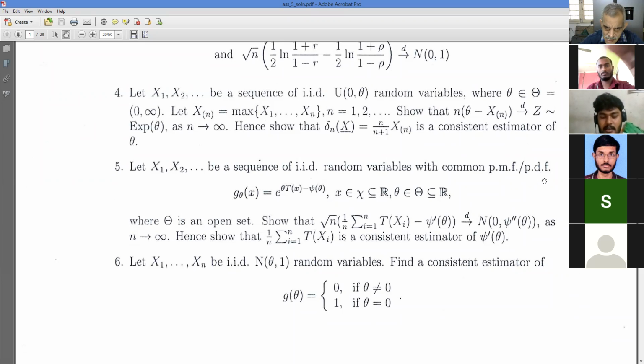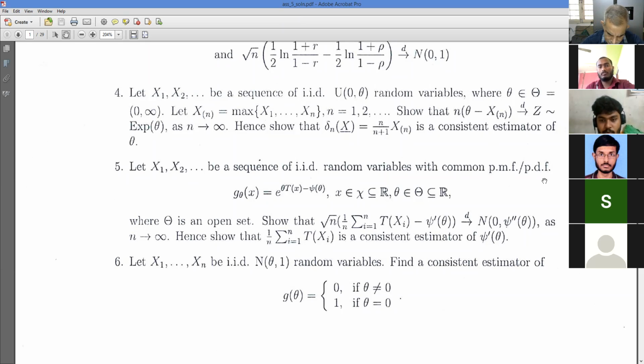In spite of using that fact, I calculated the expectation of x order n and the variance of x order n. So in the limiting sense, the expectation of x order n goes to theta, and the variance goes to 0.